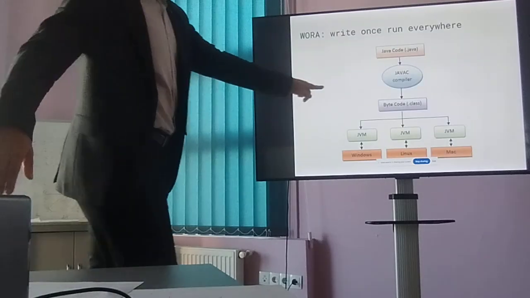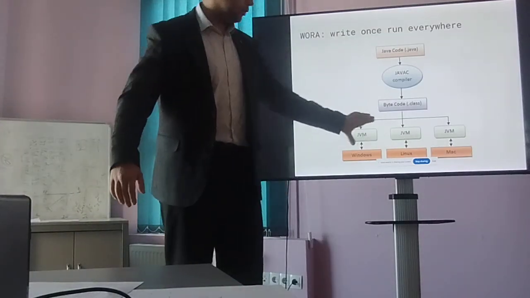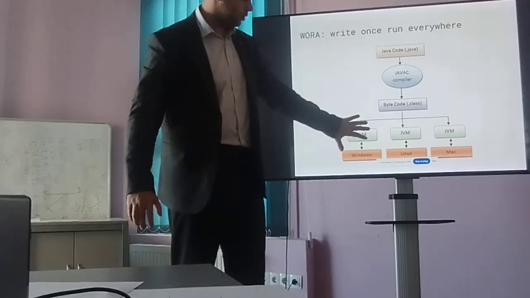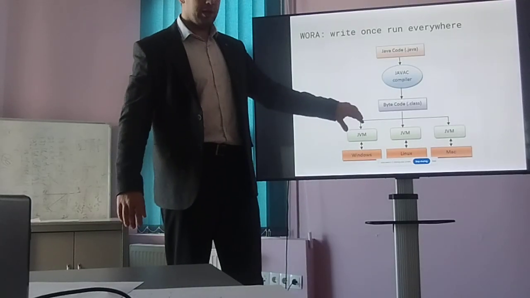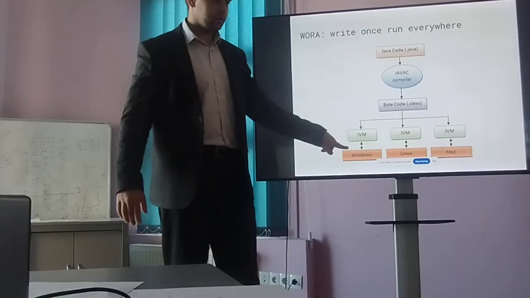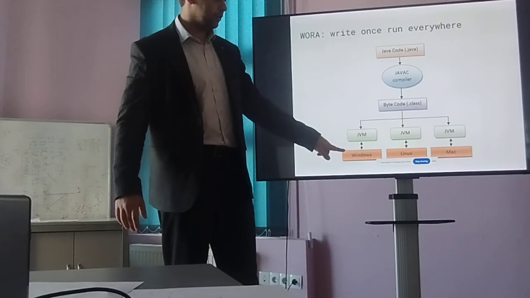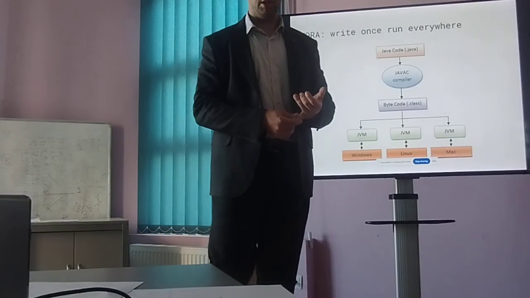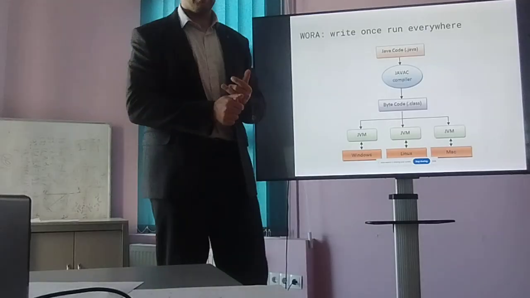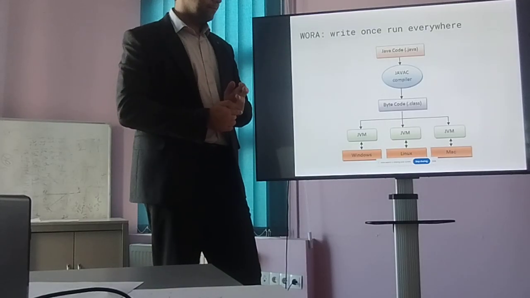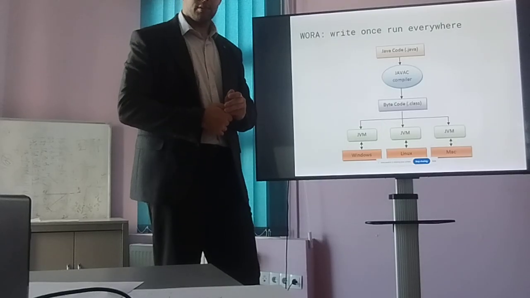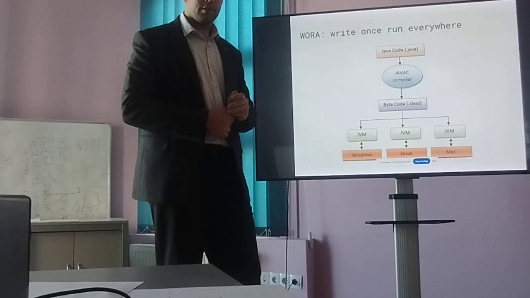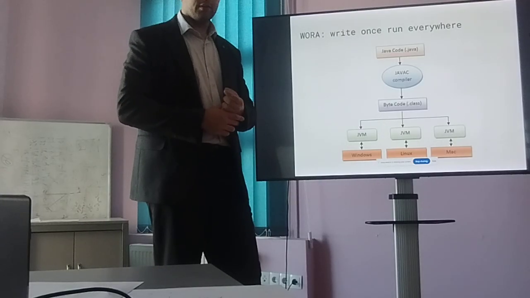That's the bytecode, and on each of those separate computers we just interpret the code especially for that platform. So how many compilations do we need now? Only three? Because I write the code, it compiles into bytecode, and then it goes to these three machines.